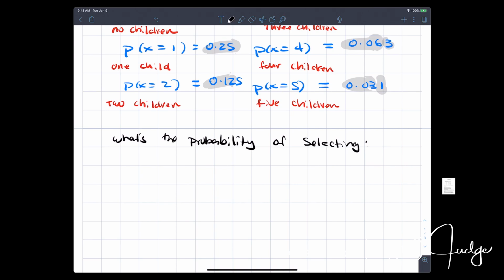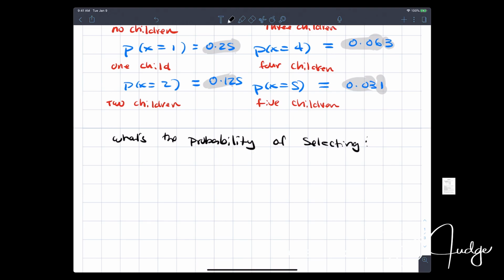Here's our first example. And I'm going to call this 1. Okay. This is example 1. Let's put that down. Well, these are examples. We don't have to call it that, right? What's the probability of selecting, or I should say, what is the situation? What's the experiment? Having children, right? So we're having children.